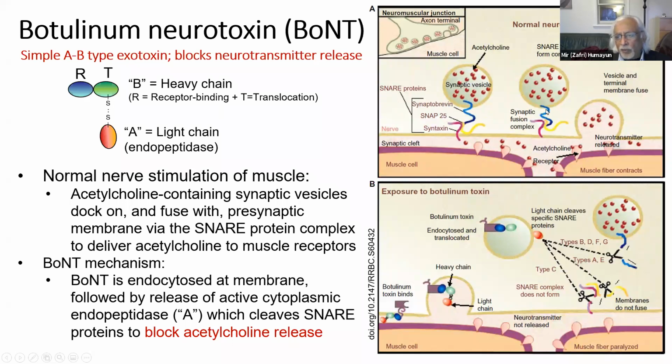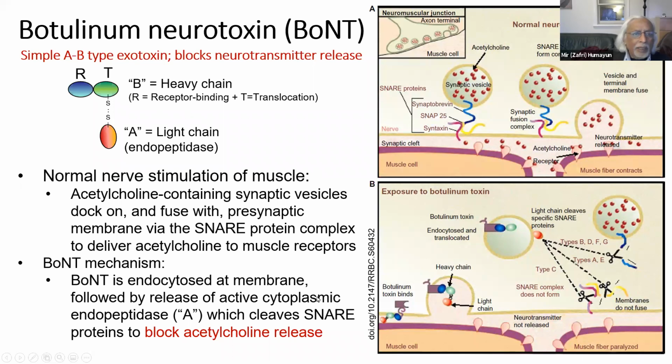Those are the proteins shown in wiggly, colorful lines here: blue, red, and yellow. One member of the SNARE proteins is called synaptobrevin. You encountered synaptobrevin in the context of tetanus previously. The same synaptobrevin is also targeted by botulinum neurotoxin.